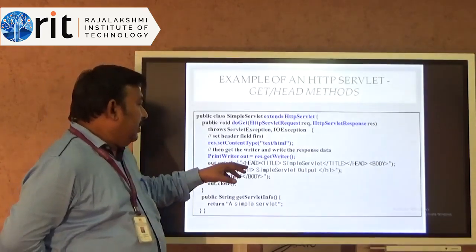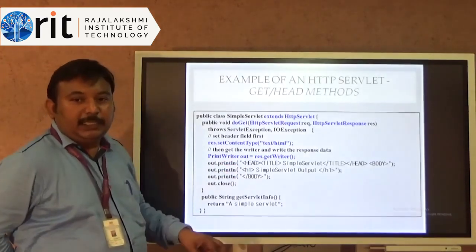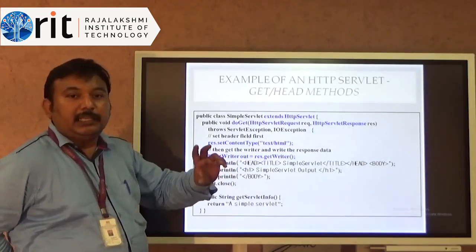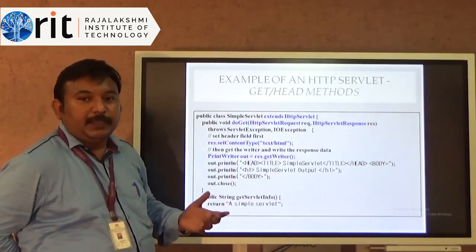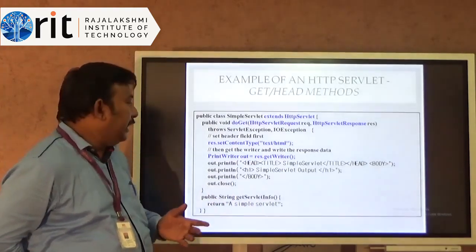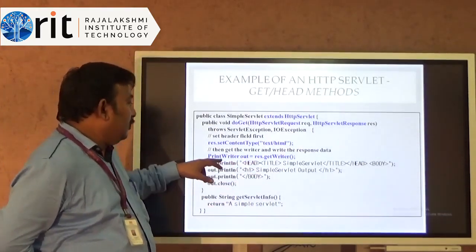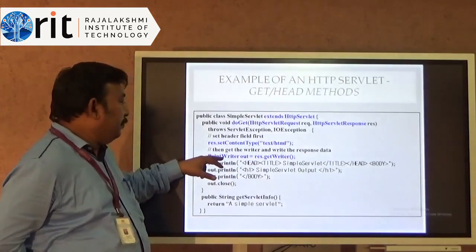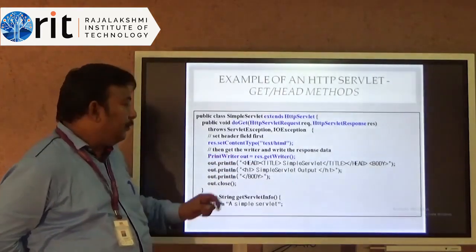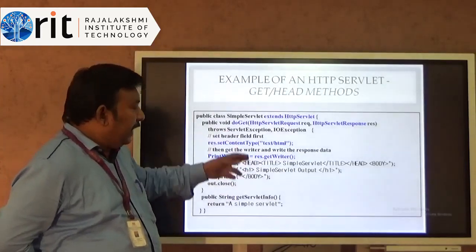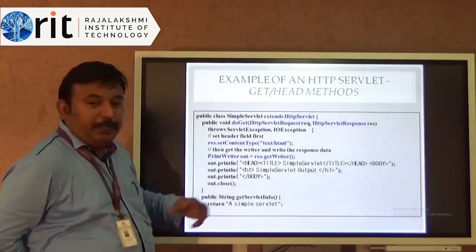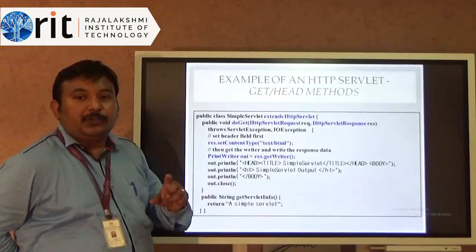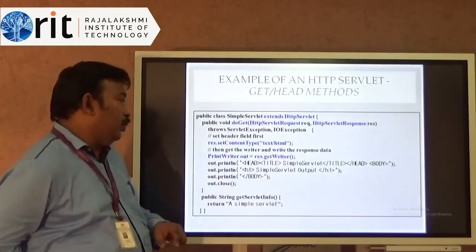And then, in order to send the response, it should be written as characters, that is, character-oriented data. For that you have to use the class called PrintWriter and create an object. Whatever response we are going to write should be written with the help of the response object.